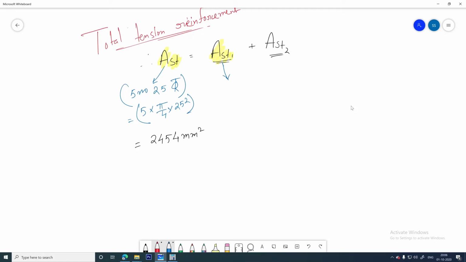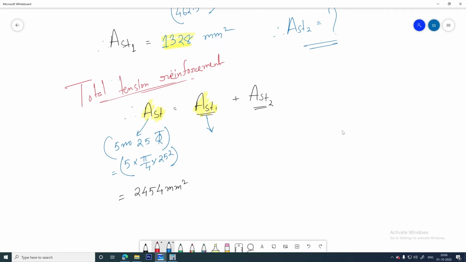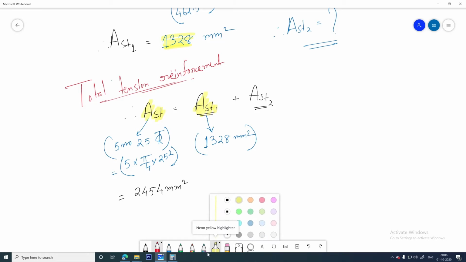And what is the value of this AST1 that we just determined? That is 1328 millimeters square. So definitely this AST2 can be determined, right?